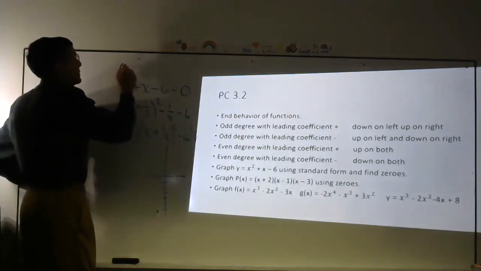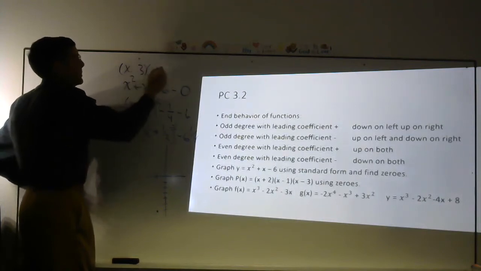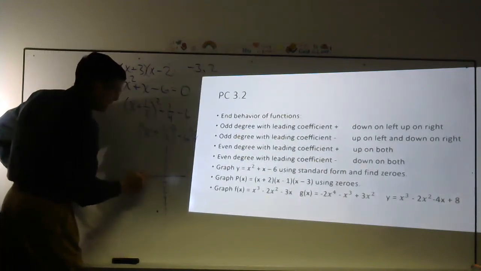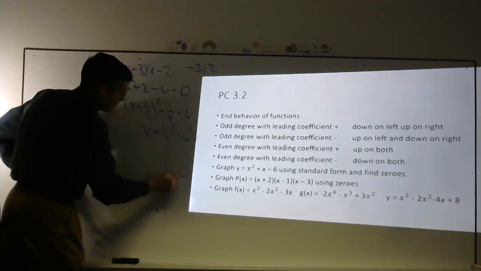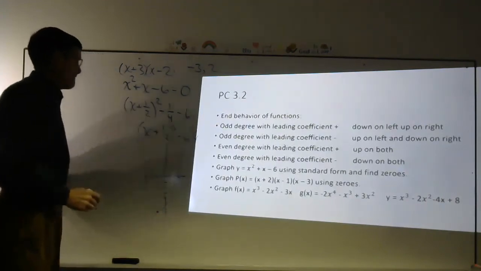So I could factor it into factors of 6, subtract, give me 1, 3, and 2. Put this with the bigger one, plus, minus. So I get -3 and 2. So it's going to hit at -3, and it's going to hit at 2. Okay, here's where it's turning around. So it's coming up through here like this, and up through here like that. Okay?